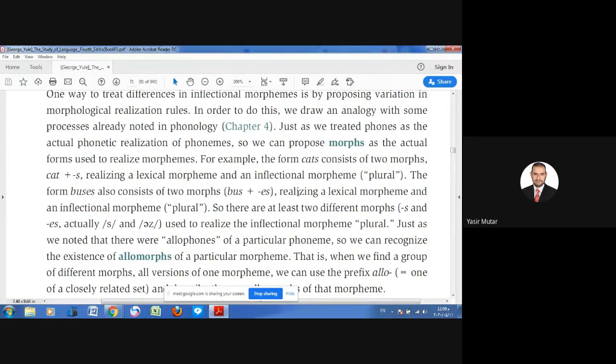I cannot add ed because it is an irregular verb. For example, I cannot say righted. What should I do?